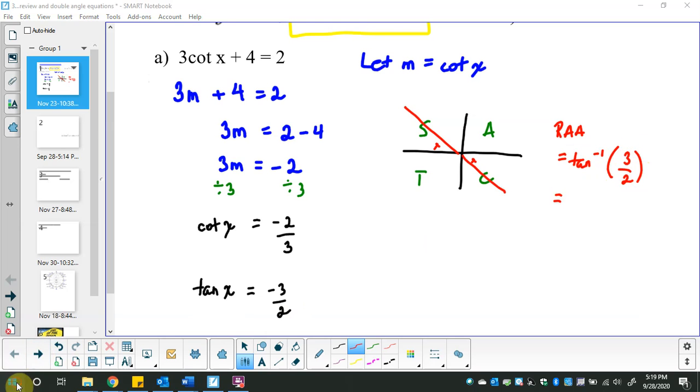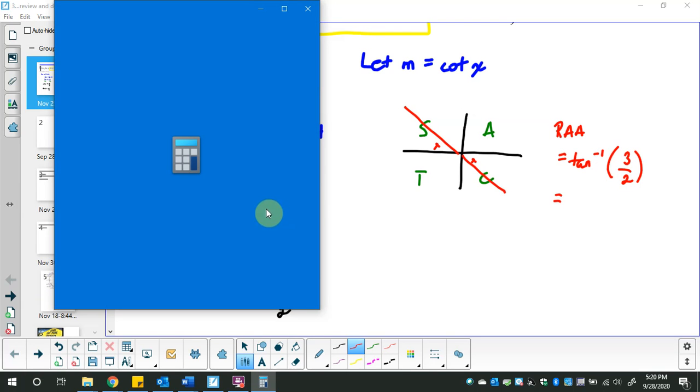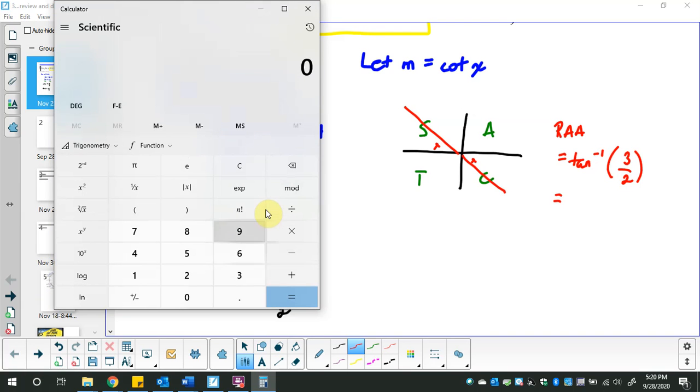So calculator time. Can't do that in our heads. Again, my calculator might work a little bit different than yours. So 3 divided by 2 is this decimal. And then axis trig, and we'll do second function tan. And to one decimal place, the number of degrees is 56.3.